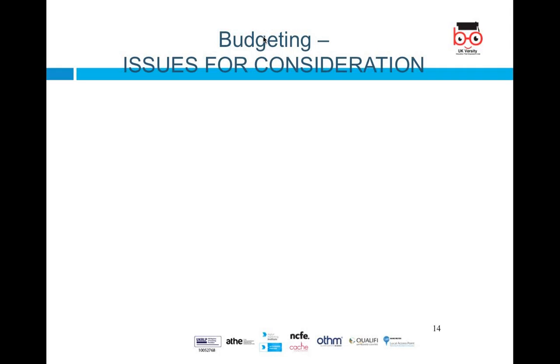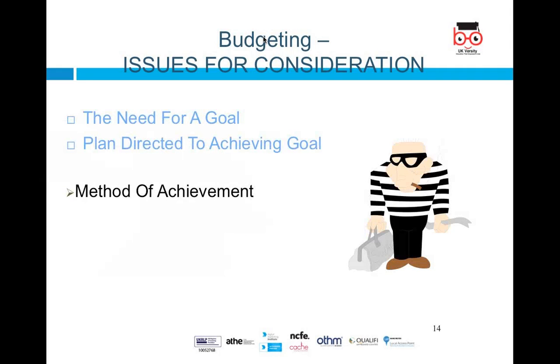And then, as we can see, there are different issues which need to be considered by the managers or the owner of the business. Definitely the goal, and then we are planning to achieve that goal, the direction, and the other ways. So what are those issues for consideration to achieve the proper budget and the exact business objective?